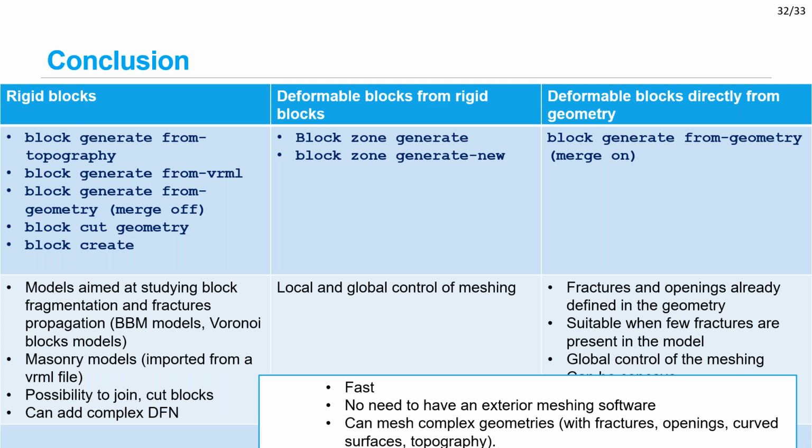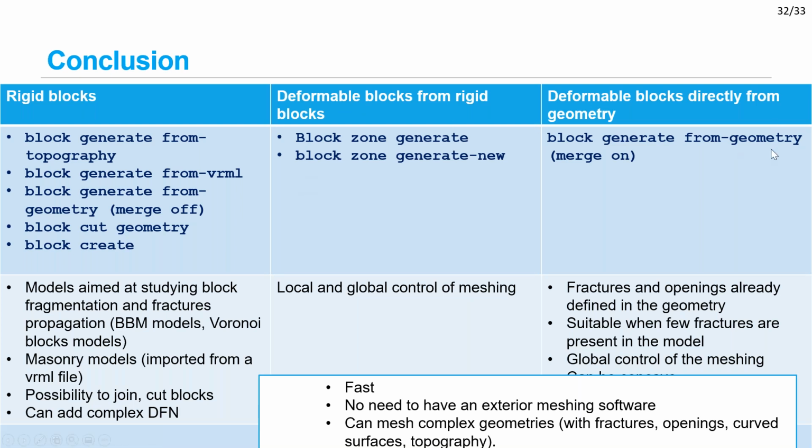Fractures and openings should be already defined inside the geometry. This is an option that is suitable when we have few fractures inside the model, and we don't really have a large control on the meshing size using this command, but we have global control of the meshing. And also with this command, we can have concave blocks and curved surfaces.